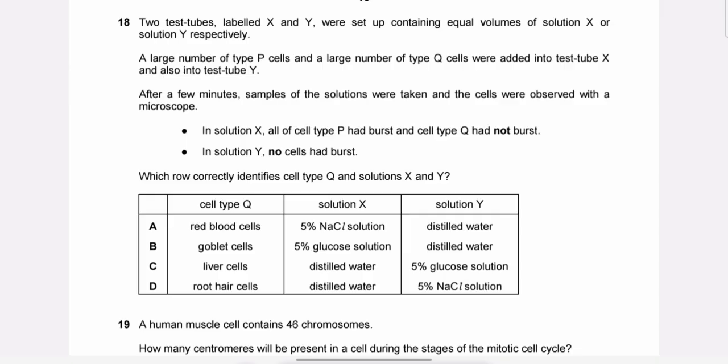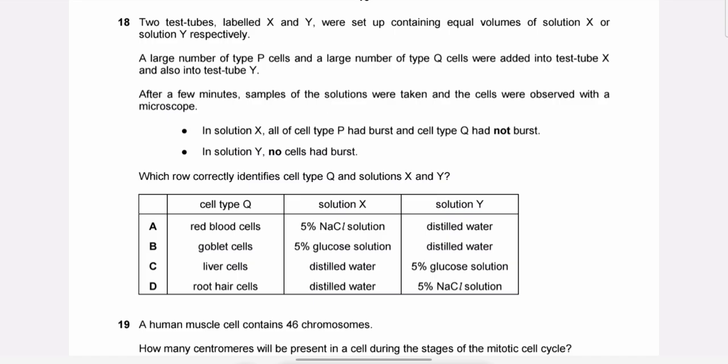It says, in solution X, all the cell type P had burst and cell type Q had not burst. Then in solution Y, no cells had burst. Which row correctly identifies the cell type Q and solutions X and Y.